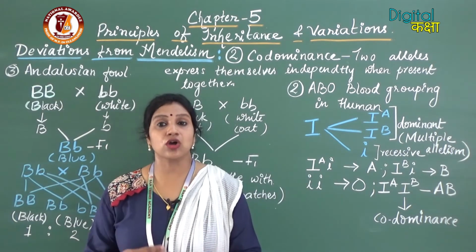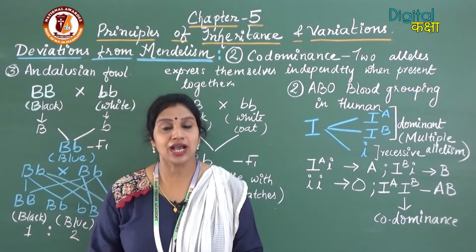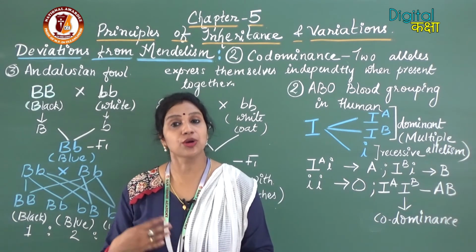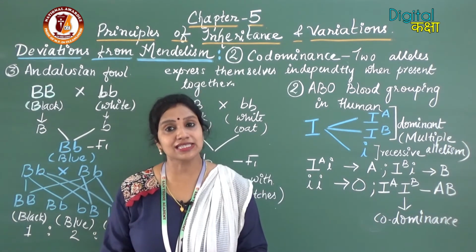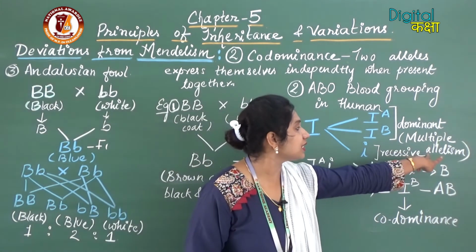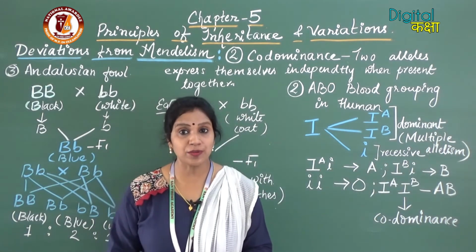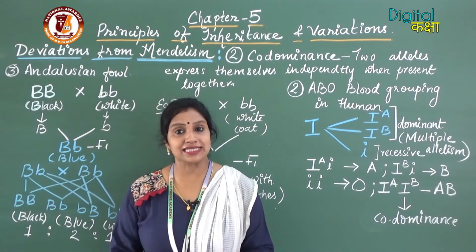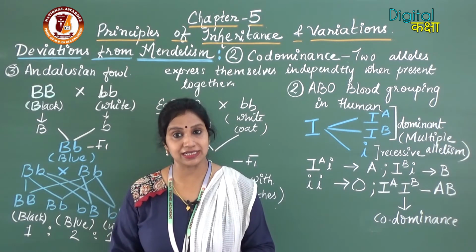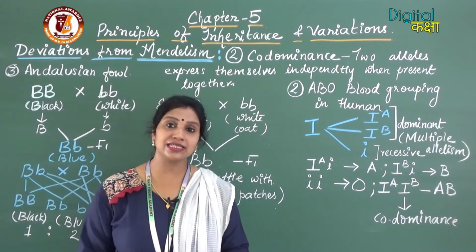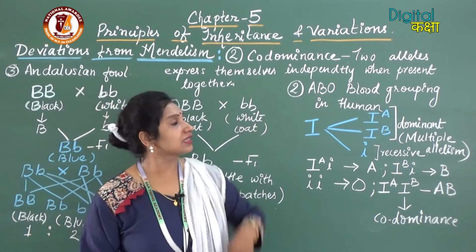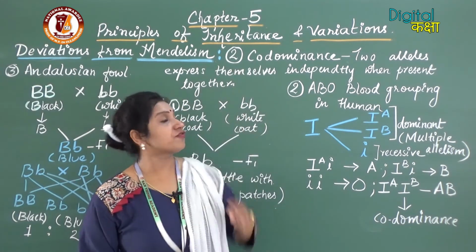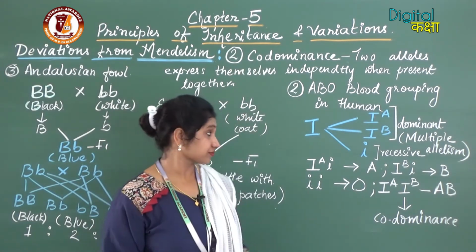This phenomenon in which a single gene has got more than 2 alleles is called multiple allelism. So ABO blood grouping is an example of multiple allelism, and multiple allelism also comes under the example of codominance.